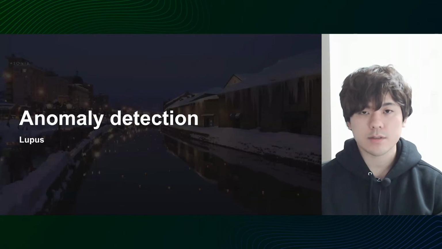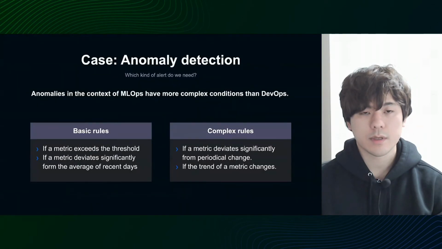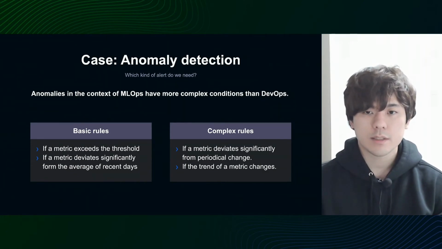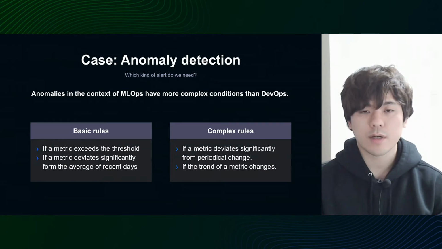Next, I will discuss anomaly detection for metrics. As I have mentioned several times, anomalies in MLOps have a unique component. The basic alerting system, as you can see on the left, is to issue an alert when a threshold is exceeded or when there is a significant change from the most recent value.